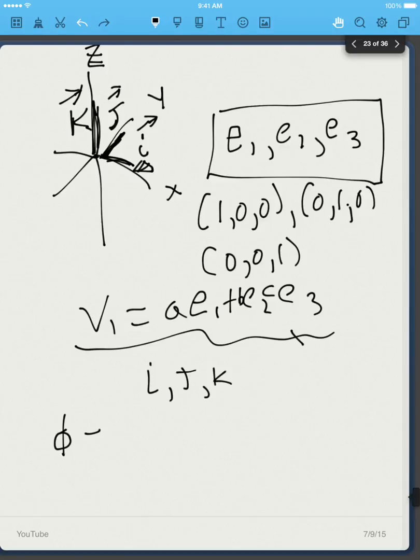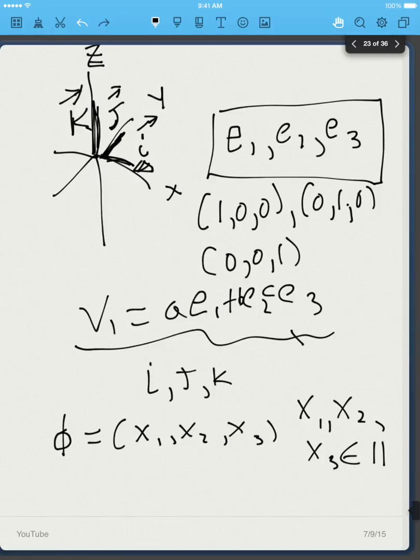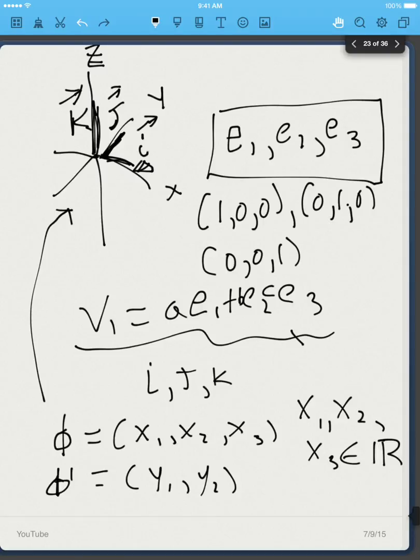So if I say phi equals x1, x2, x3, where x1, x2, x3 exist in the real numbers. Well, this is going to be some vector in R3, right? And if I did another one, let's say I call another vector phi prime, and that would be equal to, let's say, y1, y2, then we know that this vector would exist in R2.